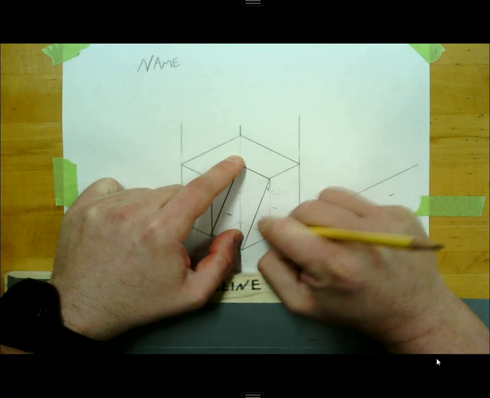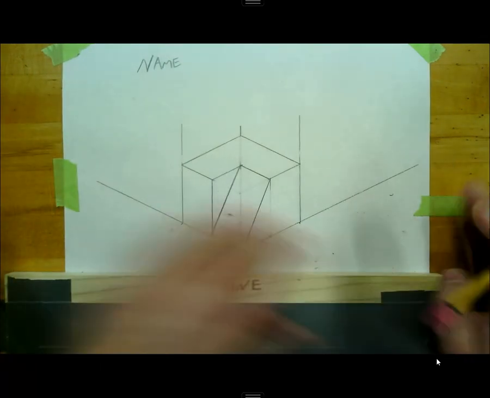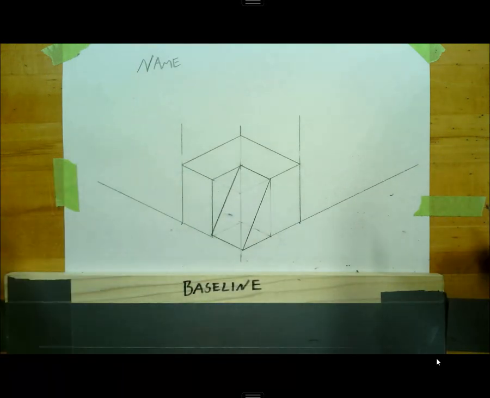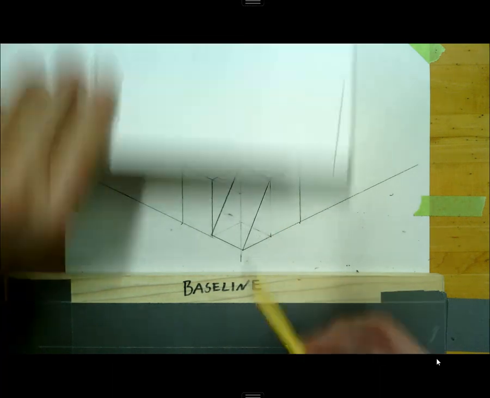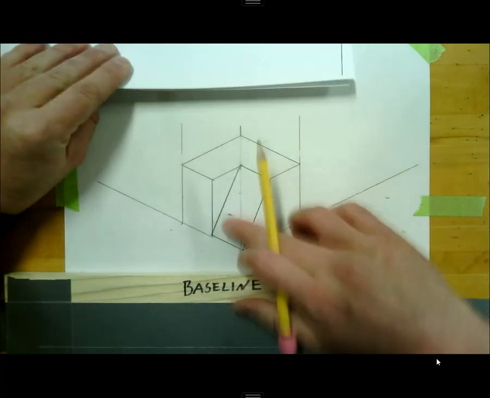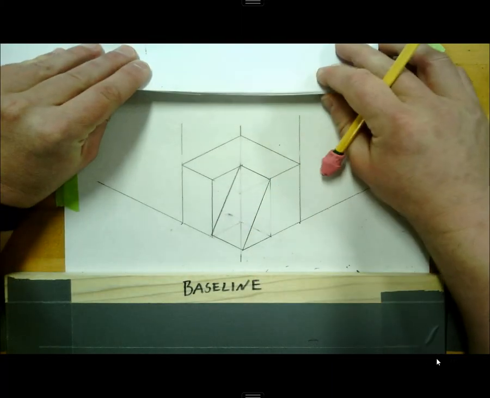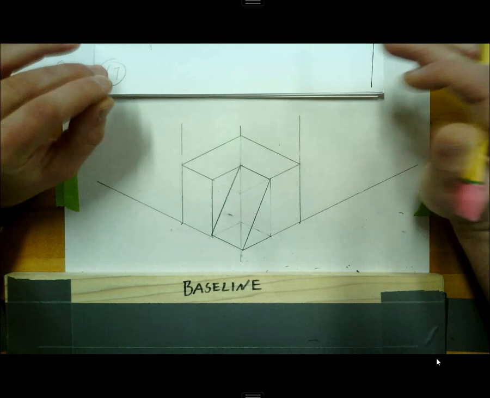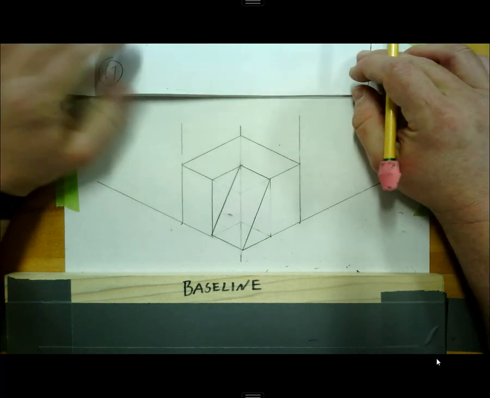Okay? If you drew it from the letter L, all right? A lot of times it's easier for students to start at the letter L and kind of work their way back. But now you're going to notice that this whole side here, right? This is the whole side here. The slope that we see here is the slope that we see here. The triangle that we see here is the triangle that we see here. Okay? Pretty simple. And that is how you make the steep slope.